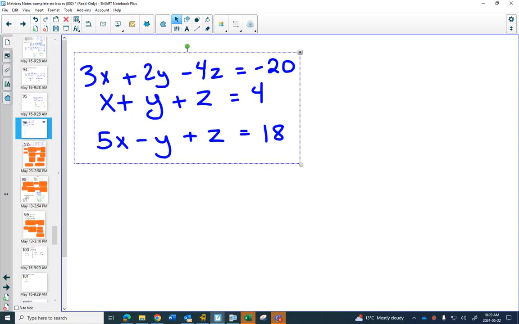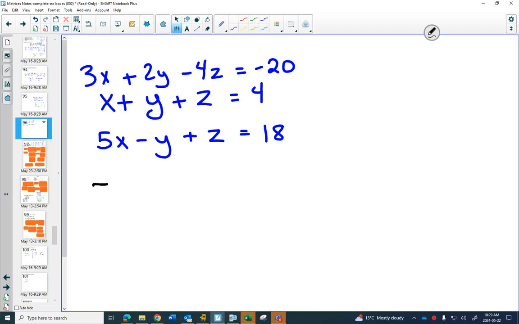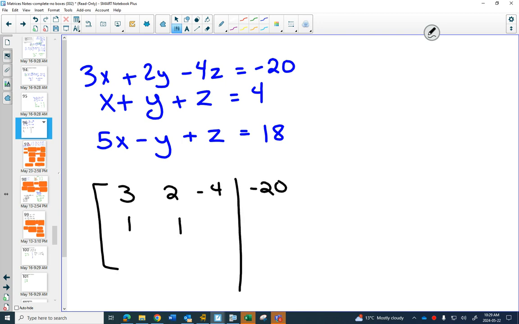Okay. We are wanting to solve this 3 by 3. So if I set up my augmented matrix 3, 2, negative 4, negative 20, 1, 1, 1, 4, and 5, negative 1, 1, 18.